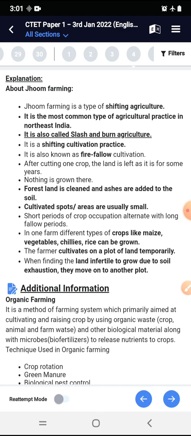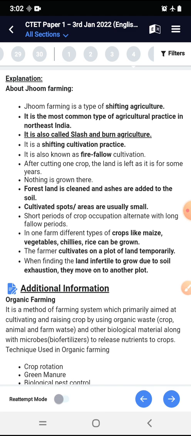After cutting one crop, the land is left as it is for some years. Nothing is grown there. Forest land is cleaned and ashes are added to the soil. So they will add the ashes. Why? Because then the earth becomes somewhat cultivated, somewhat fertile, you can say.